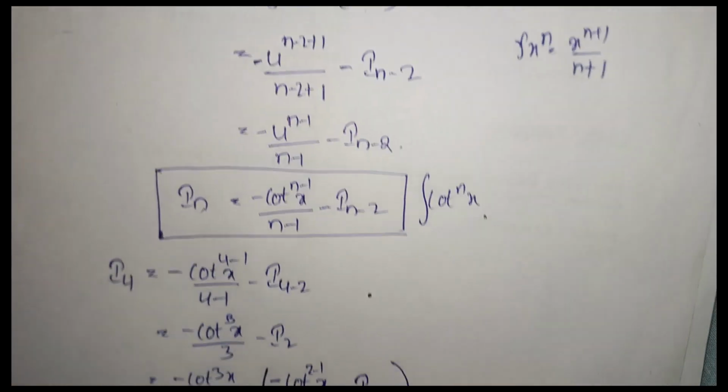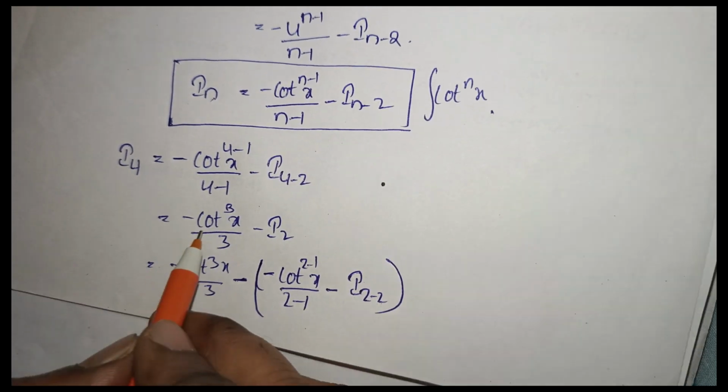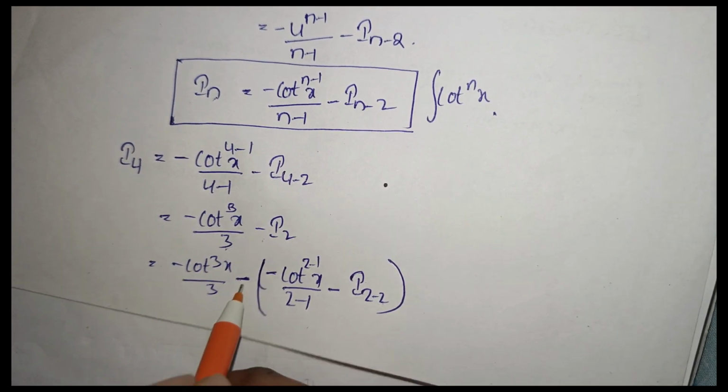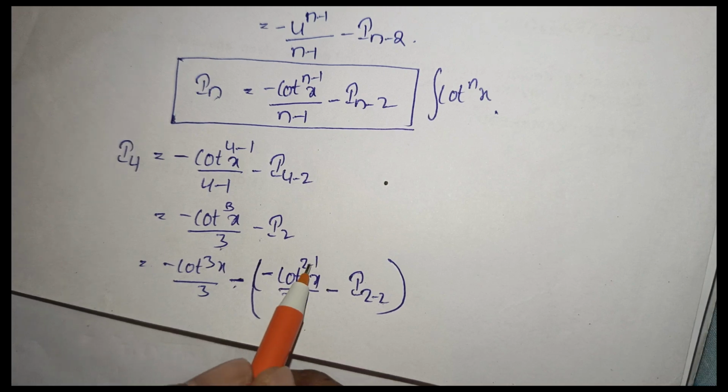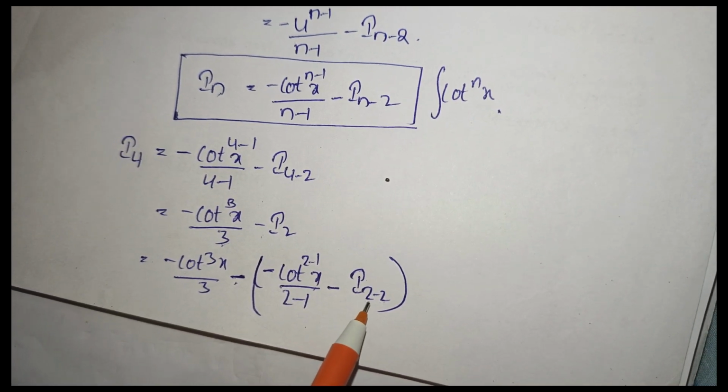Now what's the next step? So what we did here: minus cot cubed x by 3 minus of minus cot to the power of 2 minus 1 x by 2 minus 1 minus I_{2-2}.